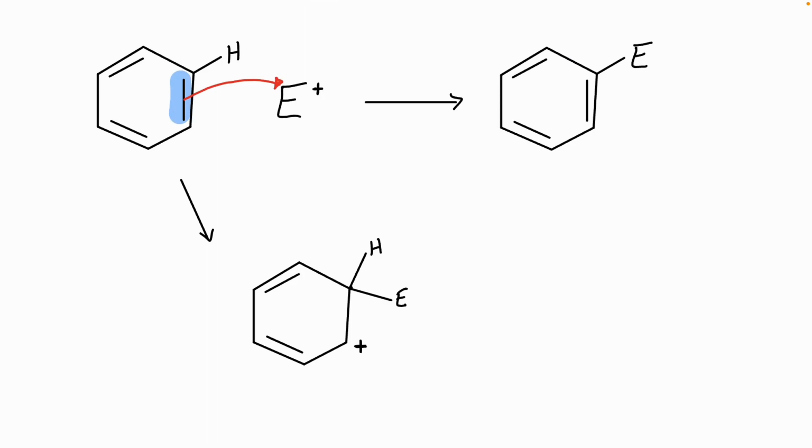And then the last step is some base is going to come along. We're just going to leave this as generic B here and remove that hydrogen, allowing that pair of electrons to come back down and reform that aromatic ring.